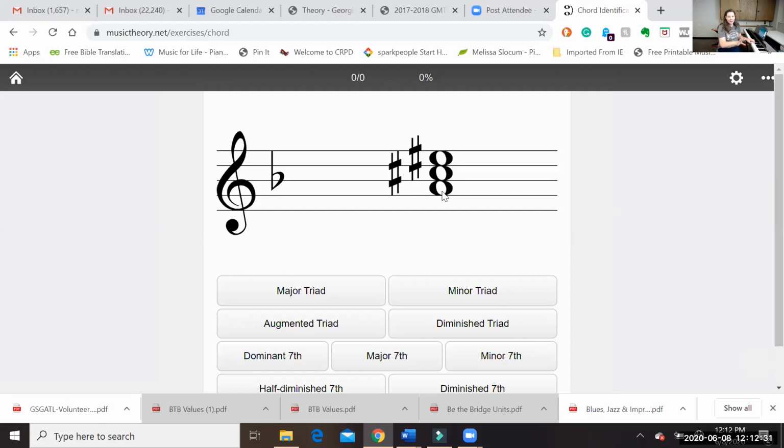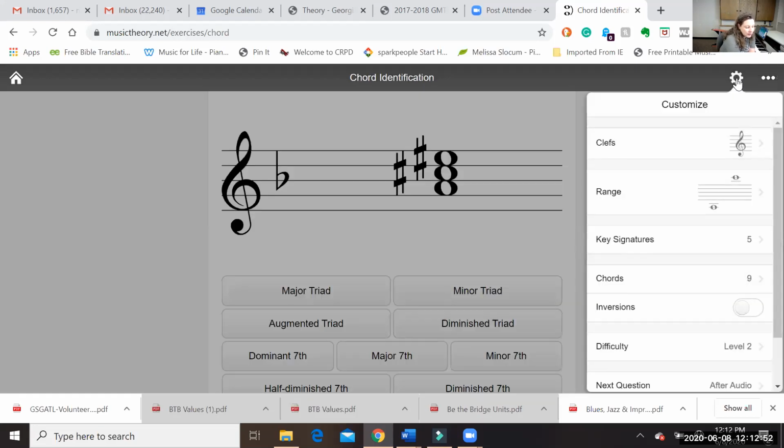You can again change all these settings to make it easier. Our bottom note here that names that chord is the A. We have a C sharp and an E sharp. So this is an augmented triad. Now if you don't know that and you're not at that level quite yet of intervals and naming, again you can come here and customize your settings, and you can change some things.